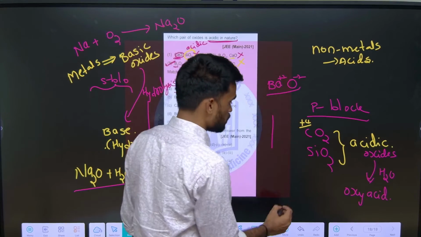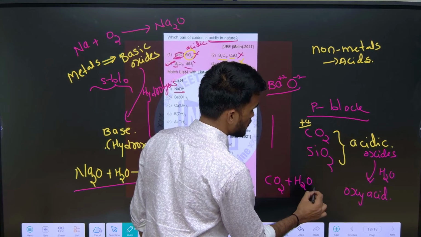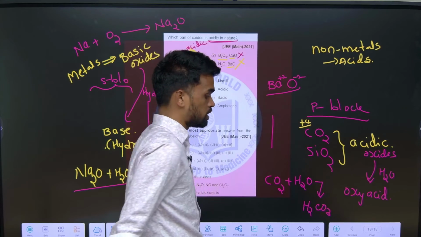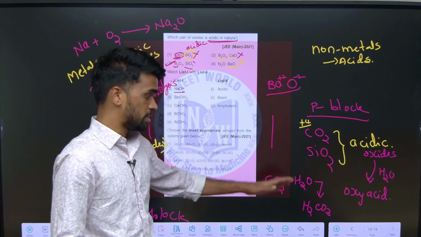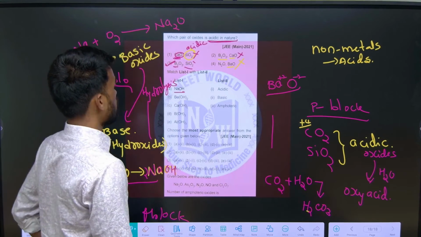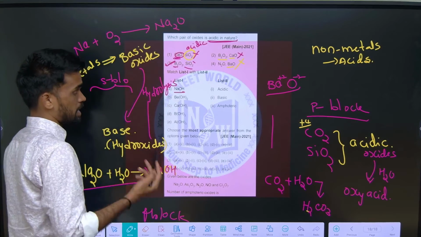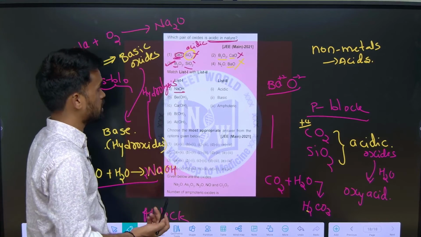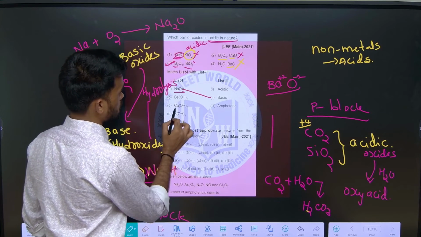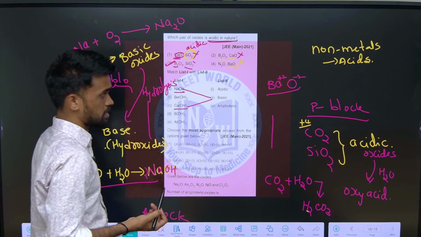For example, CO2 upon hydrolysis gives carbonic acid, H2CO3, so it is acidic in nature. Now NaOH is a hydroxide which is basic in nature. Calcium also forms a basic hydroxide only, so that is also correct.